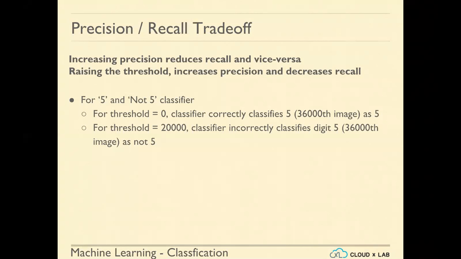Based on the loss function, we'll be computing the score. And then we will put in the various thresholds to check which one is good enough for our case.